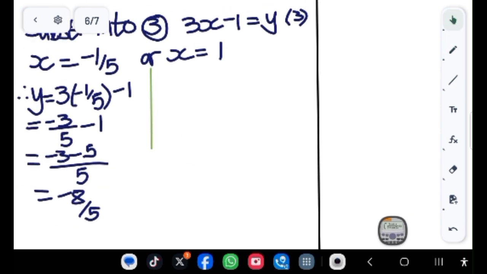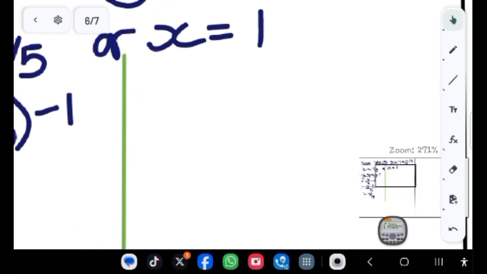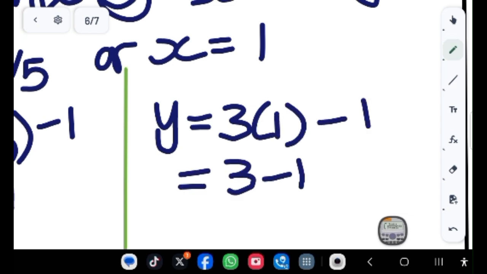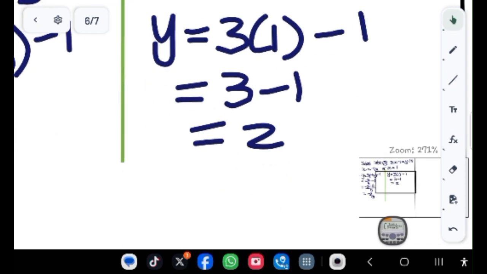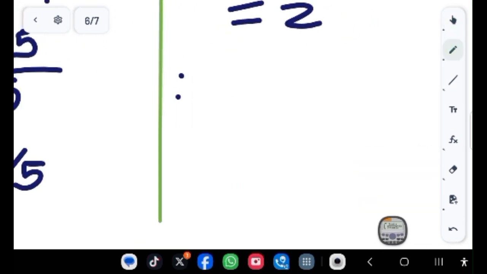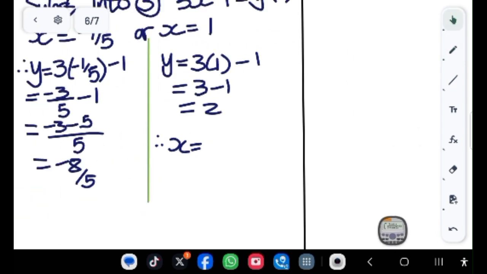Now when we substitute the other one, y equals 3 times 1 minus 1, which is 3 minus 1, which is equal to 2. So we get x equals 1 with y equals 2.